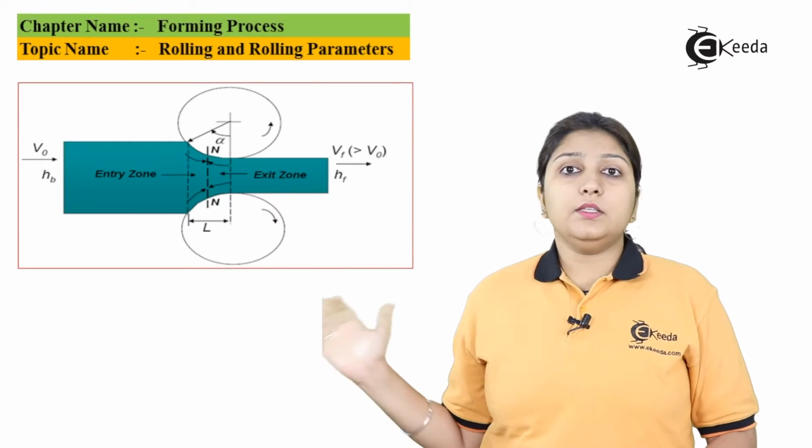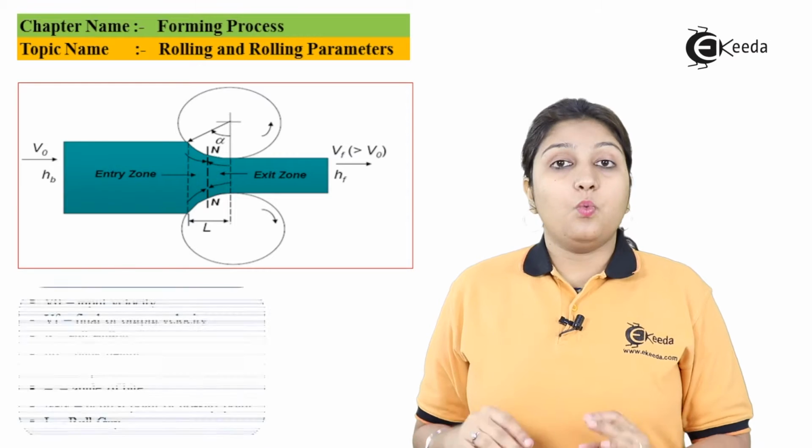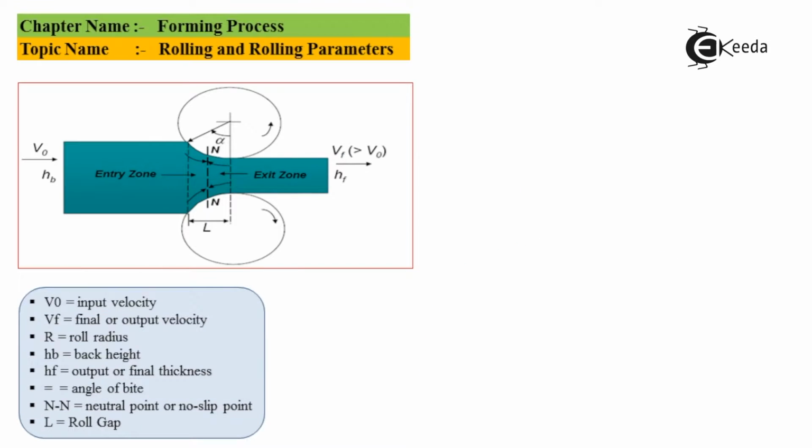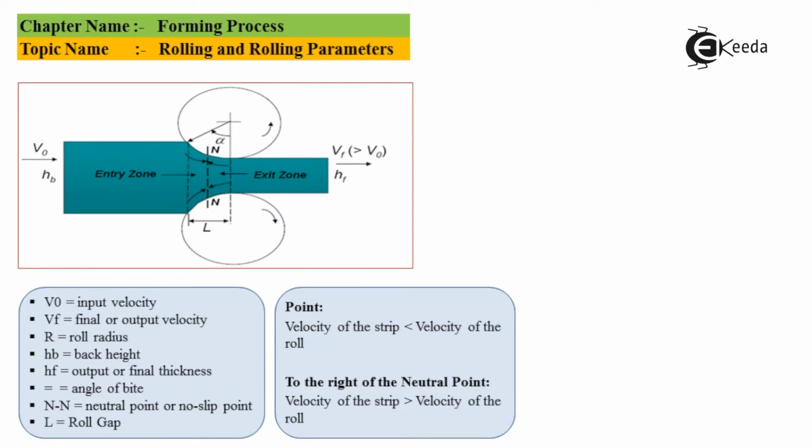Now in this diagram I'll talk about the velocity. What is velocity? Basically, when your roller is turning and your object is coming between the rollers, the object passes through the rollers. So the entrance velocity would always be less and the exit velocity would be more. So the velocity of the roll plays a major part. Your entrance velocity, where your material enters the roll, is always less than your roll velocity.